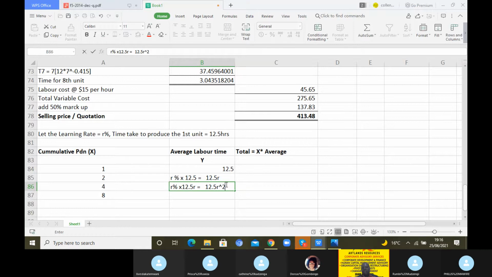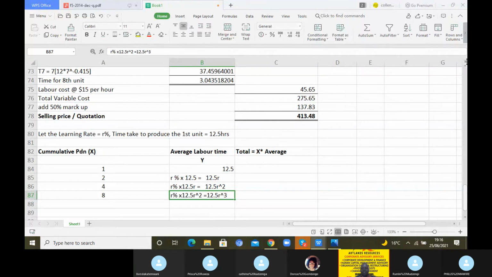Plus power, you say shift 6. Now, the next one is again R percent times 12.5 R squared. What you then get is 12.5 R cubed. Now, this is the average. Remember, this is the average.